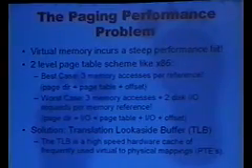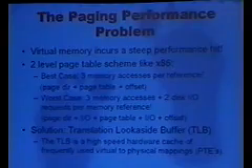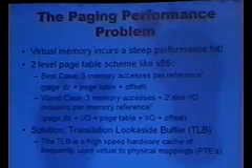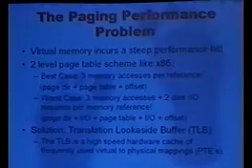In the worst case, we have those 3 memory accesses plus potentially 2 disk IOs, because it's possible that the page table itself could be paged out, since we're dealing with a 2-level paging scheme, and then the actual page frame itself may be paged out. So we could end up with 2 disk IOs, which are going to be the most costly operation.